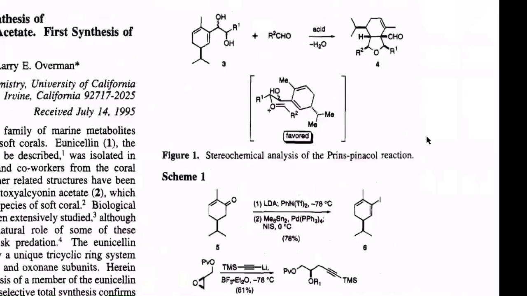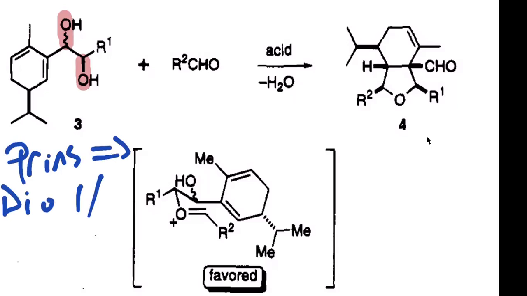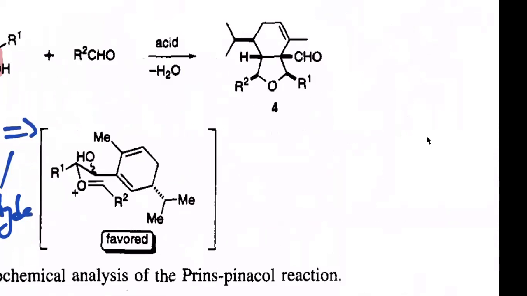For the substrate in this rearrangement, you always use a diol, which they have here, and then you use an aldehyde, and that's how your cyclization happens. There's an intermediate in here that they haven't shown, but the Prins intermediate looks like this.